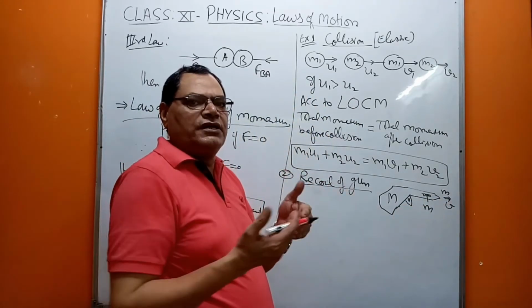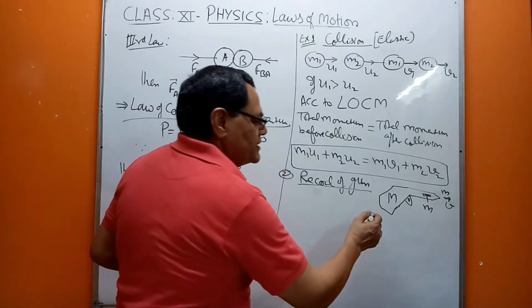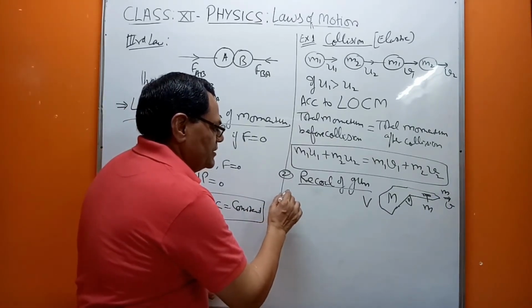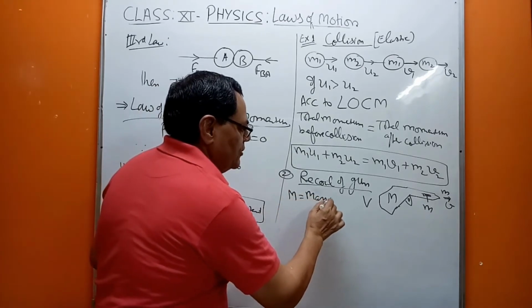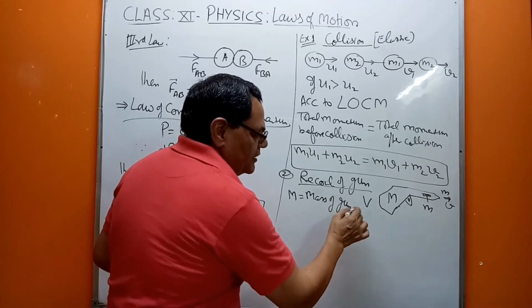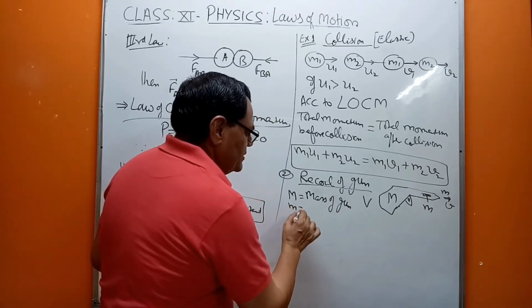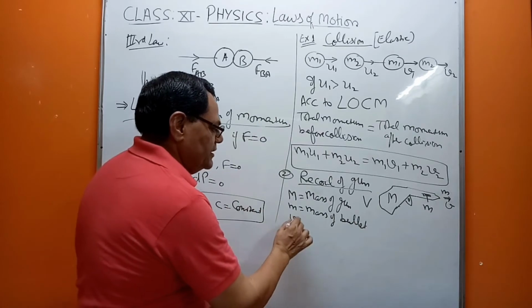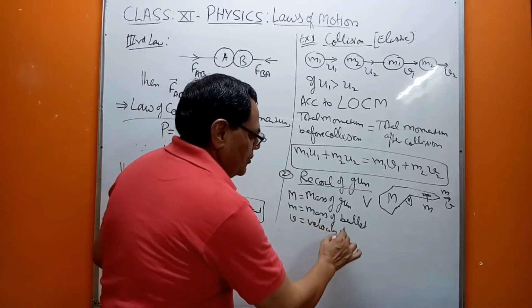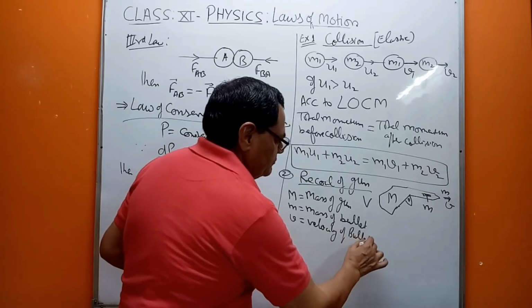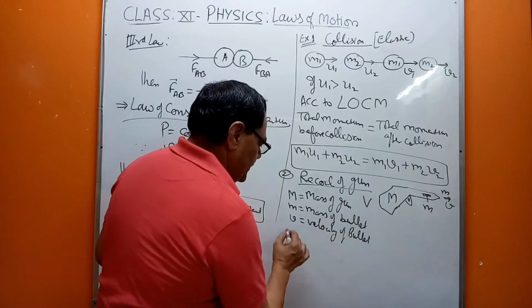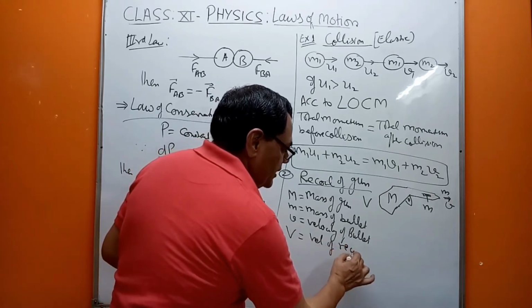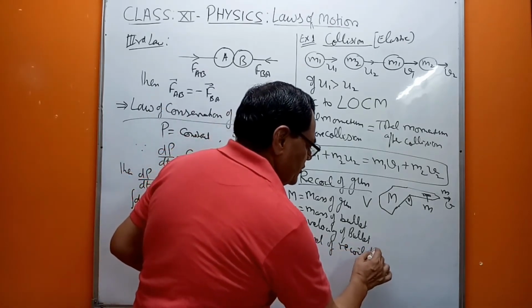Then we find there is a backward jerk in the gun. Let's say the velocity of the backward jerk is capital V. So capital M is the mass of the gun, small m is the mass of the bullet, small v is the velocity of the bullet with which it comes out, and capital V is the velocity of recoil of the gun.